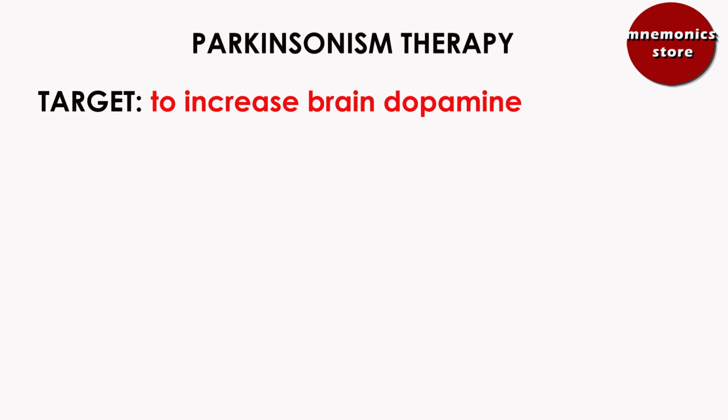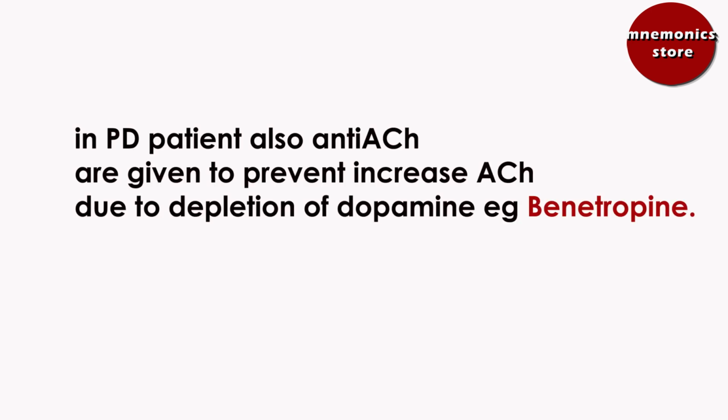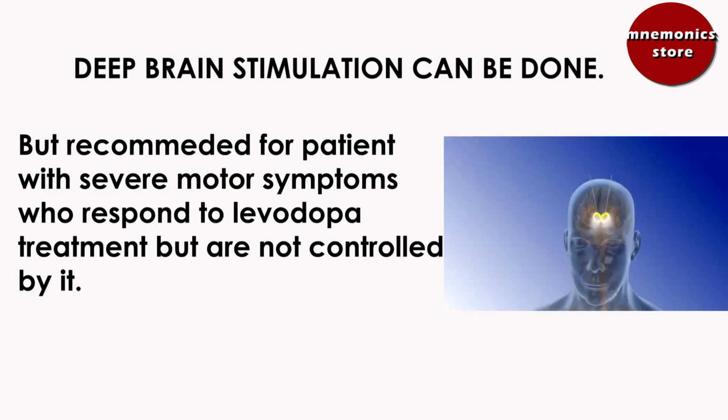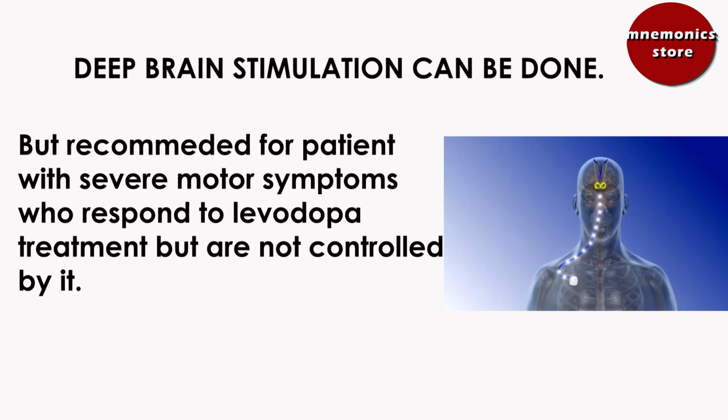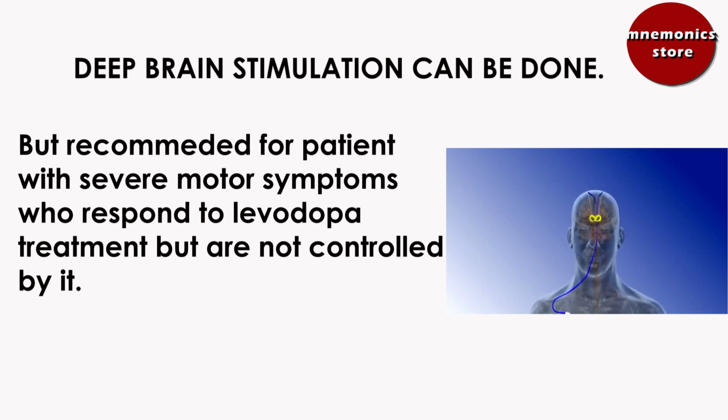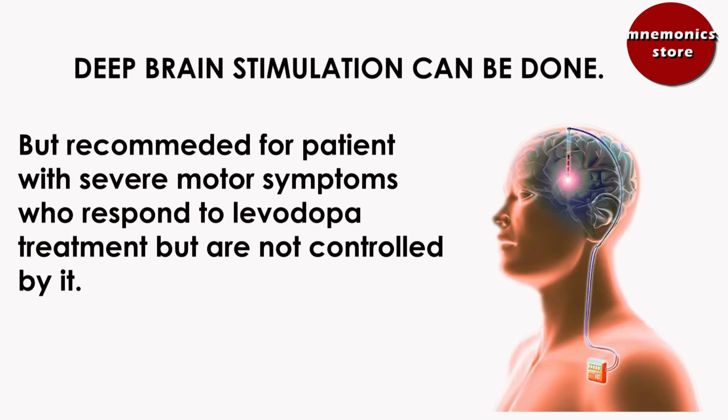Also, in patients with Parkinson's disease, anticholinergics are given to prevent the increase in acetylcholine due to depletion of dopamine, for example benztropine. Deep brain stimulation can be done, but is recommended for patients with severe motor symptoms who respond to levodopa treatment but are not sufficiently controlled by it.